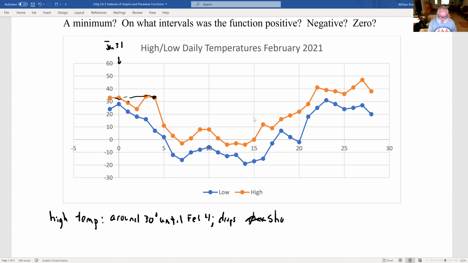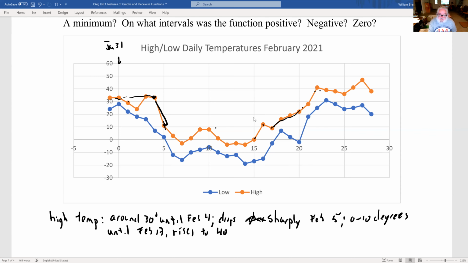It drops sharply on February 5th. That's this part here. And then it hovers between 0 and 10 degrees pretty much until the 17th. And then the temperature rises up to about 40 by the time you get to here, right?